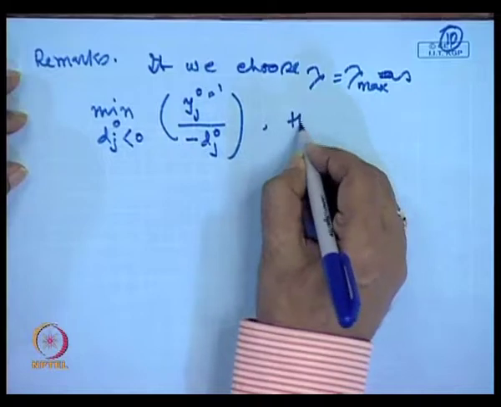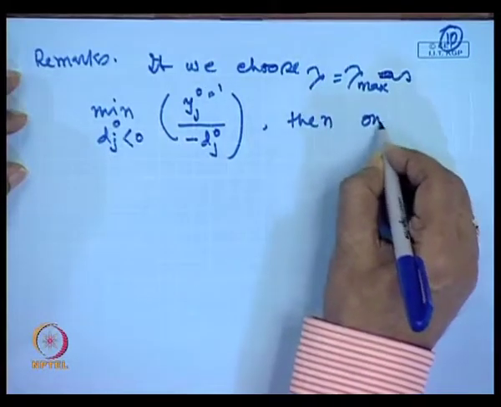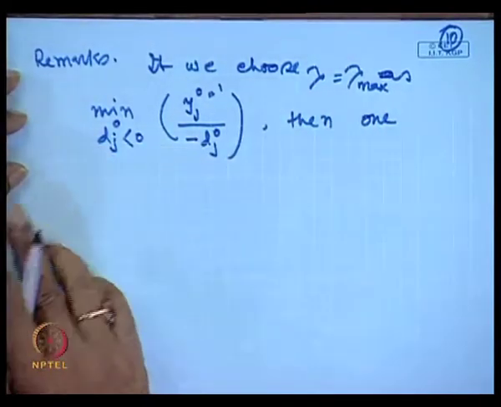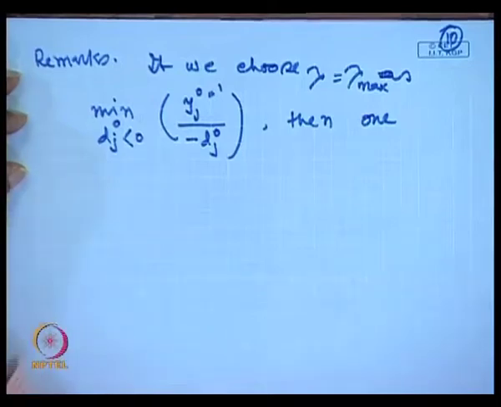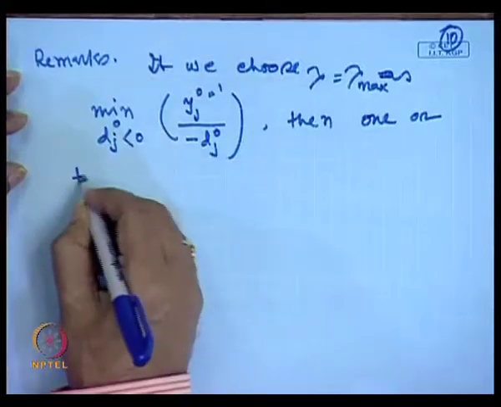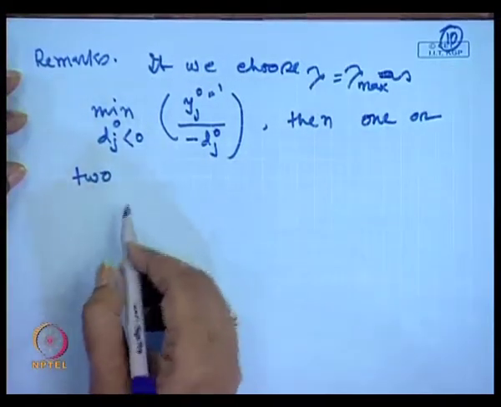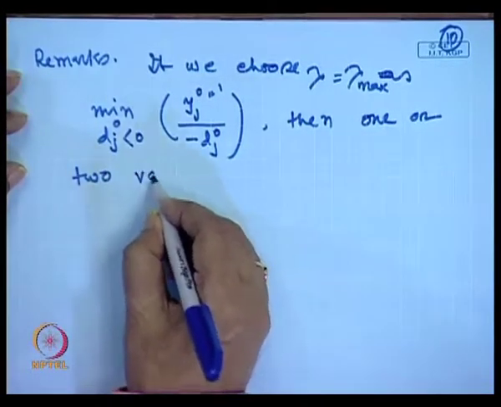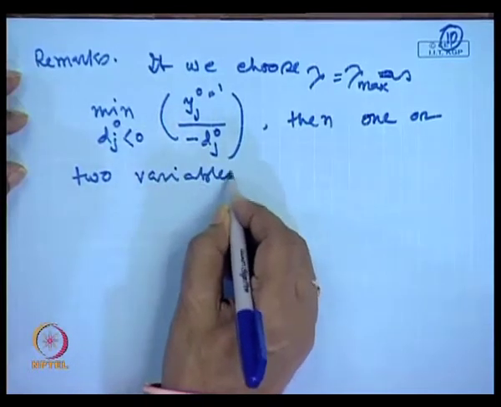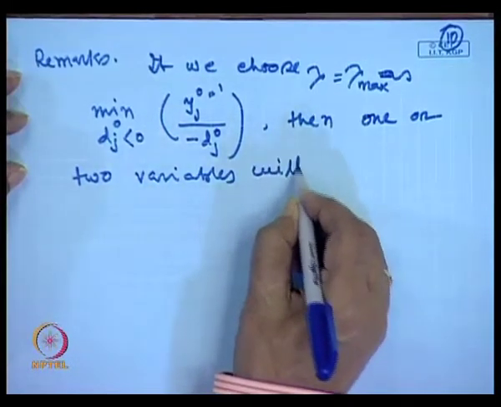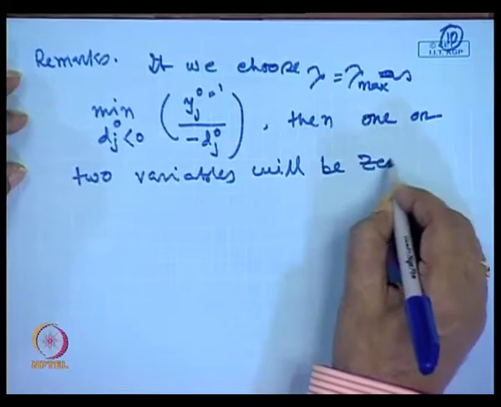Then at least 1 will be 0 in the yj components, it may be more than 1, or 2 variables will be 0.